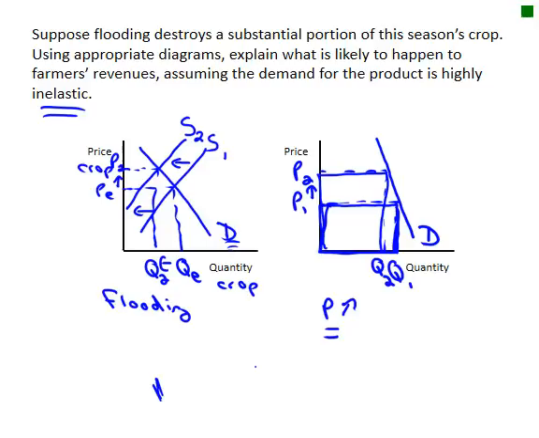No, let's try one more time. Well, I'm sorry, it's not working, but okay, the total revenue before is here, and the total revenue afterwards is here. So we can see in this actually rather disastrous situation that the total revenue for the farmer actually went up.